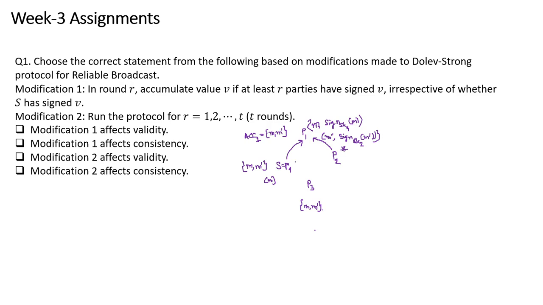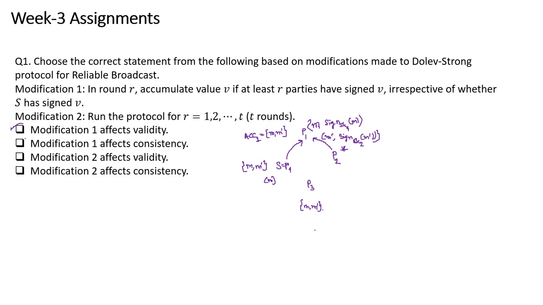But instead, because we did not check whether the message M dash included the sender's signature, the validity property is not satisfied. So modification 1 affects validity.